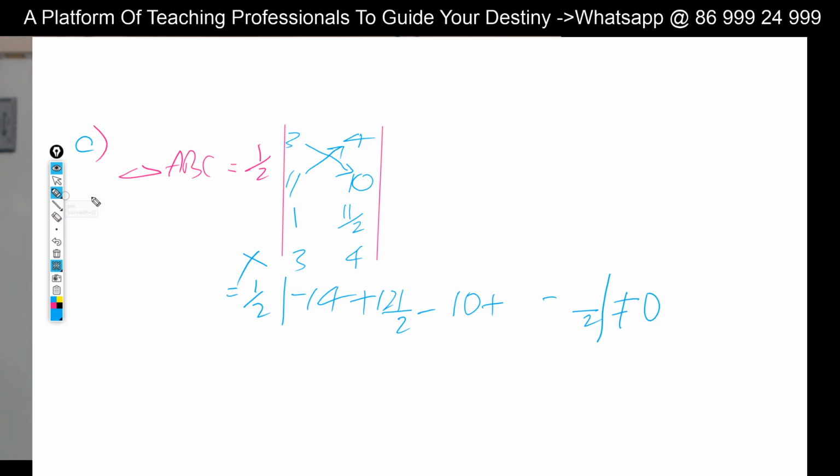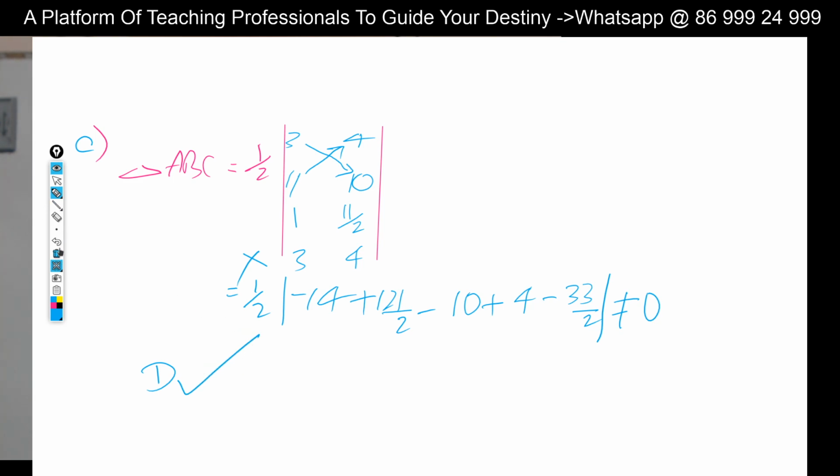So, this is 4 minus 33 by 2. Let us say this, minus 6 minus 20, and it is not 0 either. It is understood. So, your answer must be D. D should be your answer.